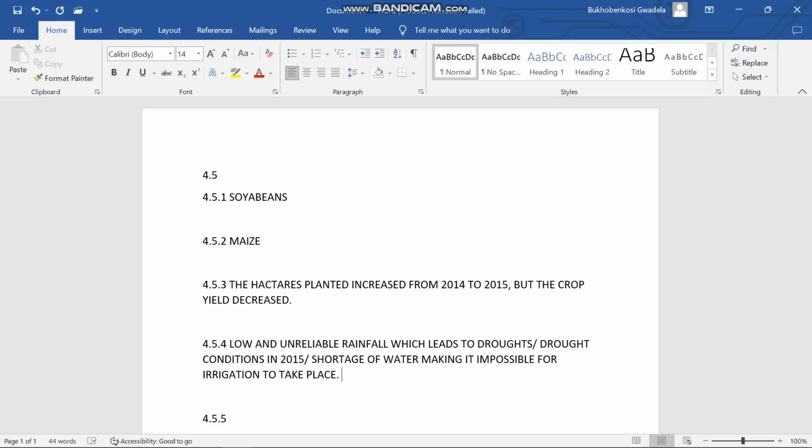You can also say slow process of land redistribution, meaning that the government is not effective in giving the land back to their original owners. Also the small-scale farmers are not producing enough maize because of illiterate farming and so on.